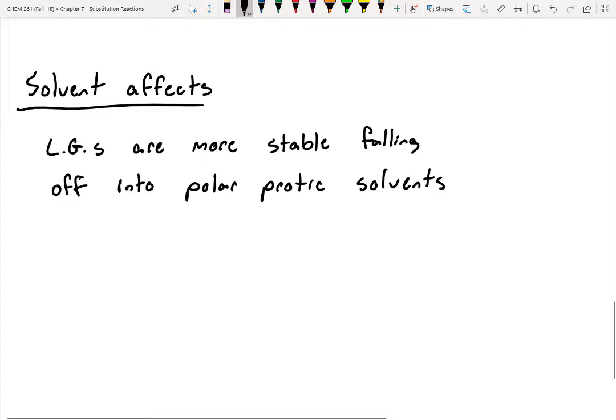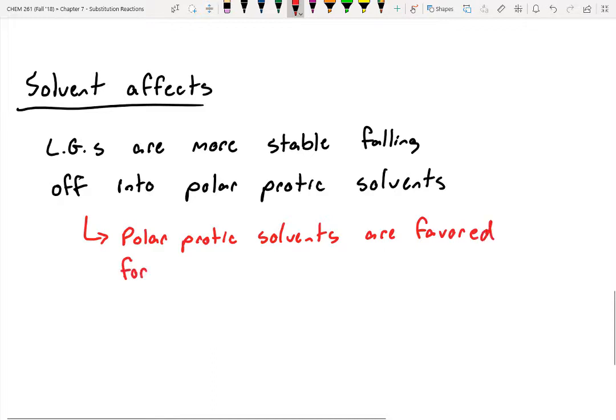Why don't we use polar protic solvents under all situations? Does anybody remember? Yeah, in a SN2 reaction, you have this other effect where the solvent might wrap up your nucleophile, which is undesirable for an SN2. So we typically only use polar protic solvents in SN1. However, that's not 100% the case. It's just mostly the case. Favored for SN1.